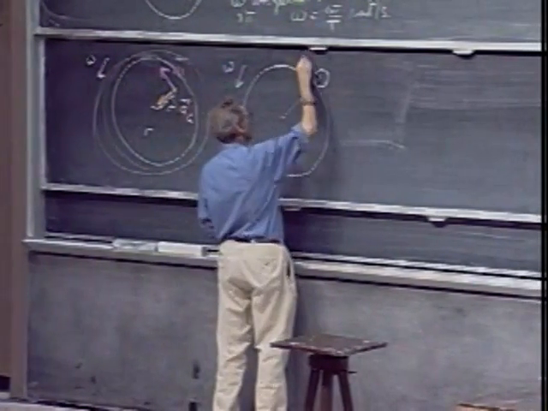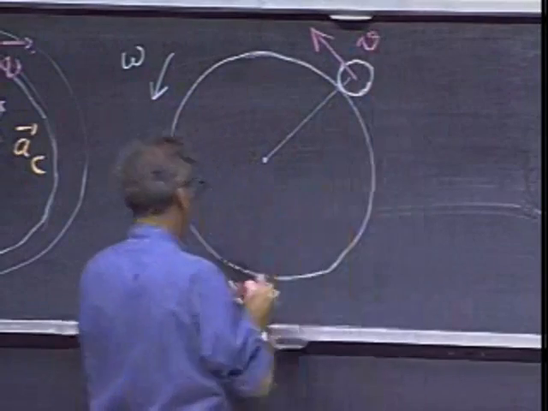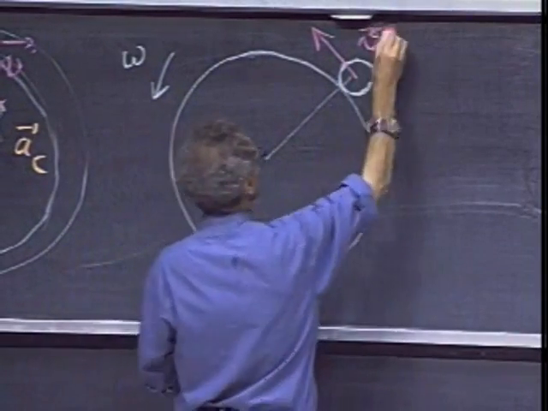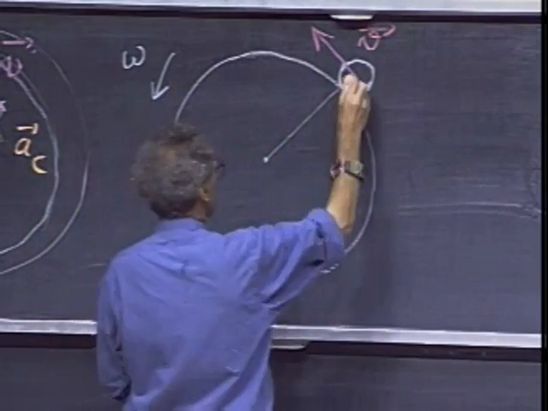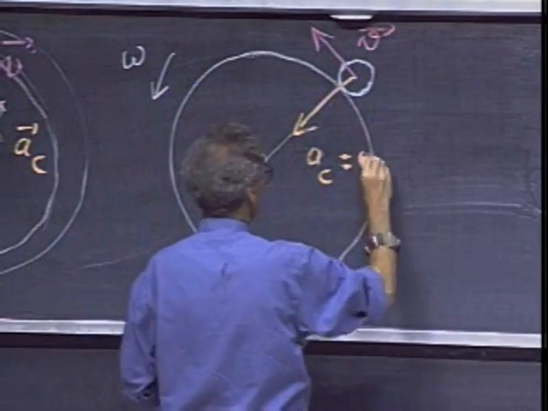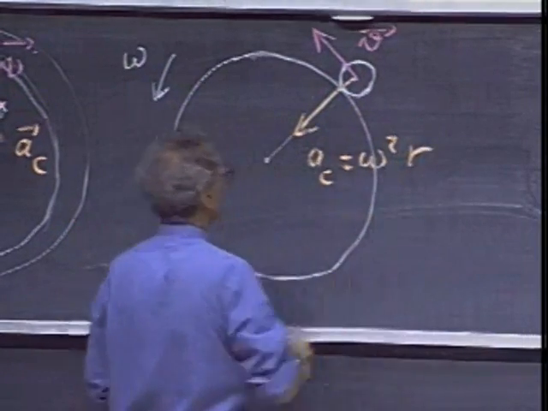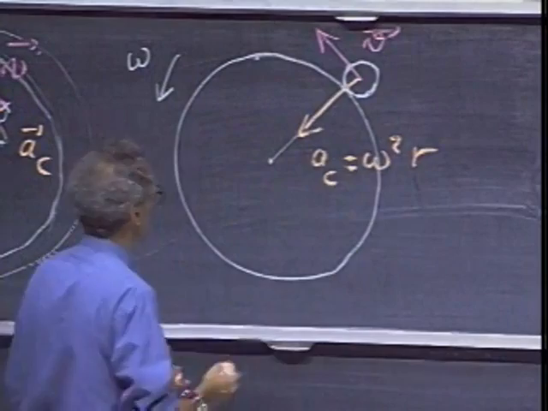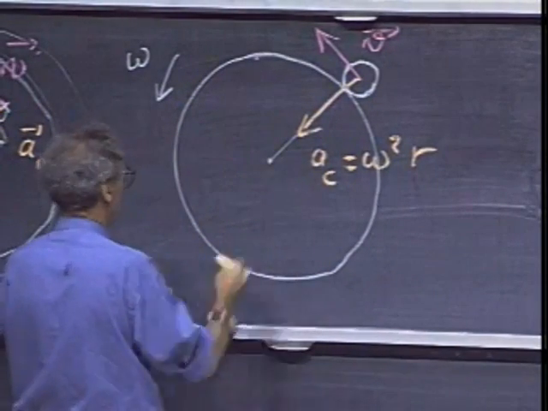So at one moment in time this has a velocity, like so, and therefore there must be non-negotiable centripetal acceleration, which in magnitude is omega squared r, or if you want to, v squared divided by r.